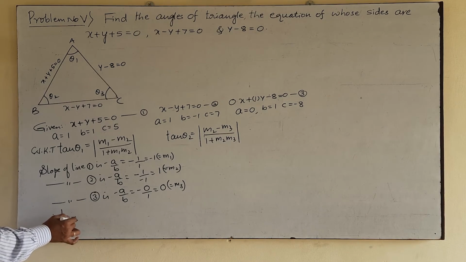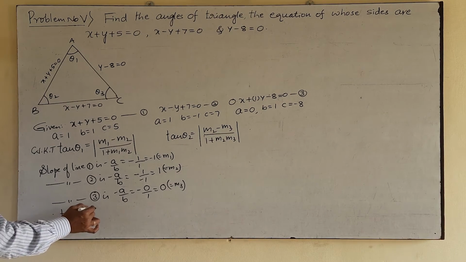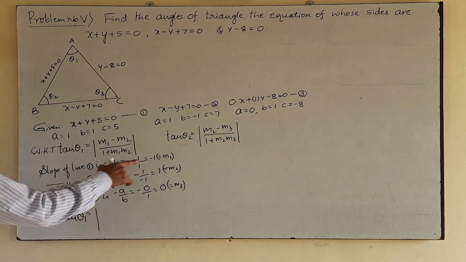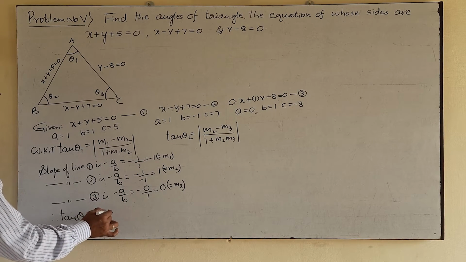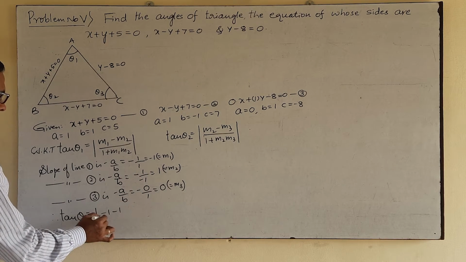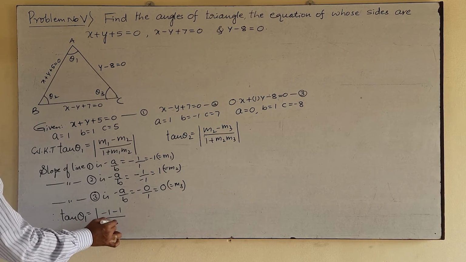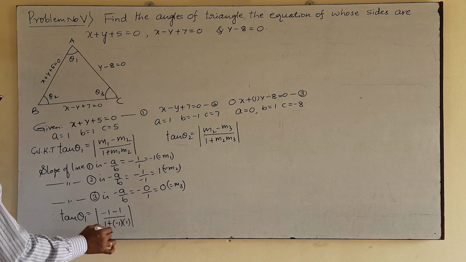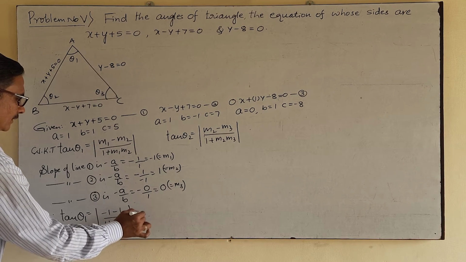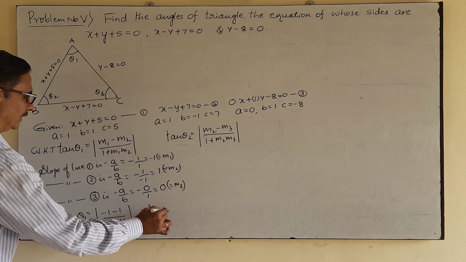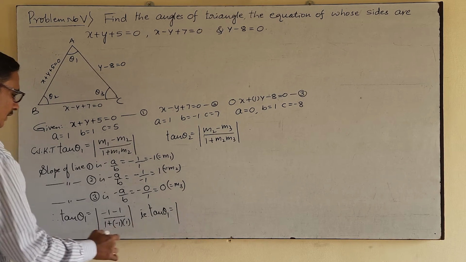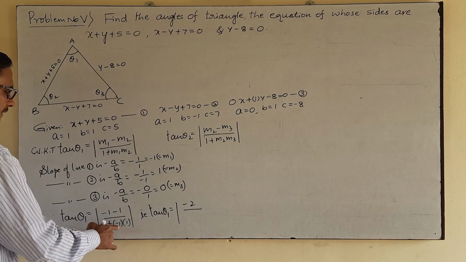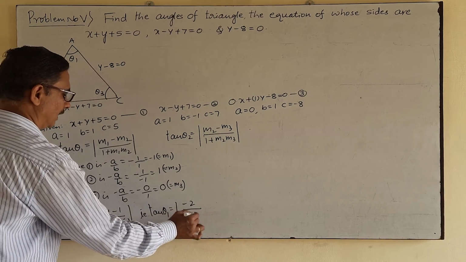Therefore, to find the angles one by one, tan theta 1 is equal to modulus of m1 minus m2 divided by 1 plus m1 m2, where m1 is minus 1 and m2 is 1. Simplify: tan theta 1 is equal to modulus of minus 1 minus 1 divided by 1 plus minus 1 into 1.